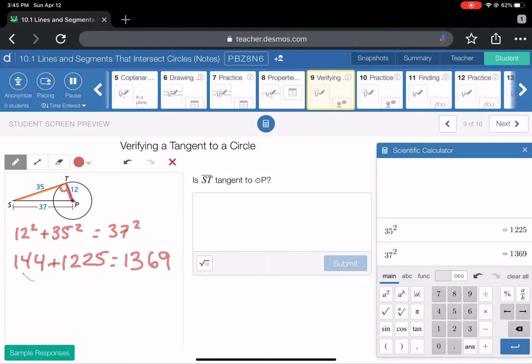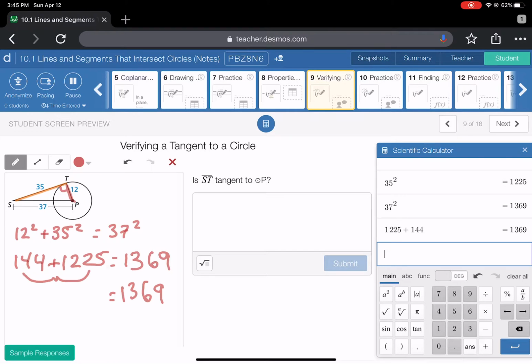If we add those two together, they have to equal 1369 in order to be a right triangle. So if we do 1225 plus 144, indeed we get 1369.